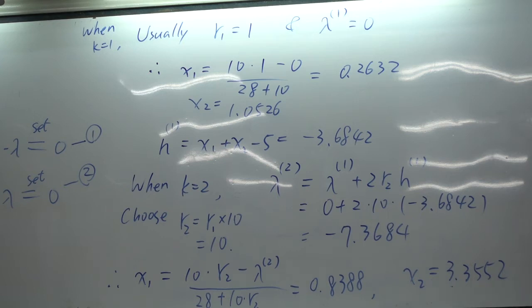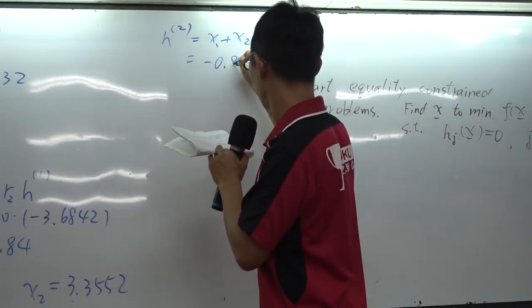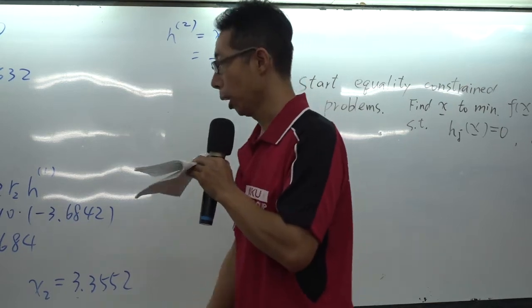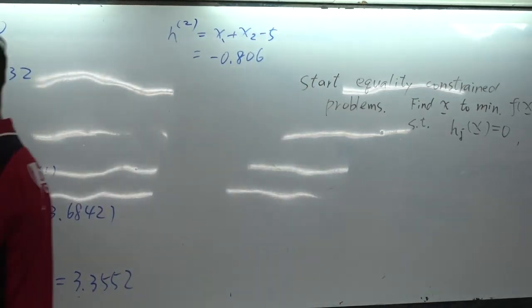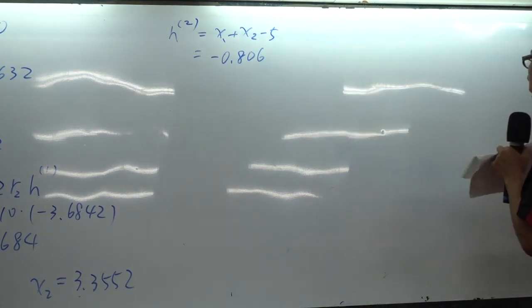And then I hope you know how to proceed. Oh, and by the way, over here we also need to calculate h when k equals 2. It's very easy. That is just x1 plus x2 minus 5, and you will see that it is negative 0.806. Over here, you can also quickly check whether everything looks alright.